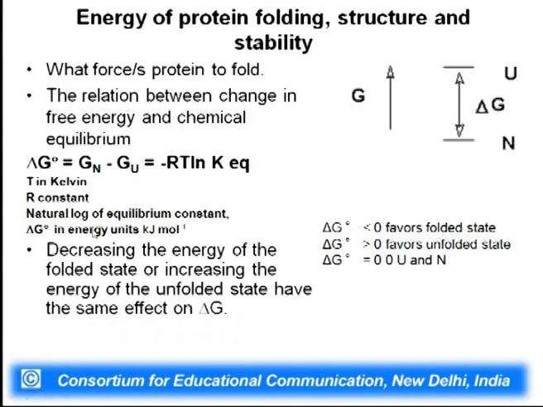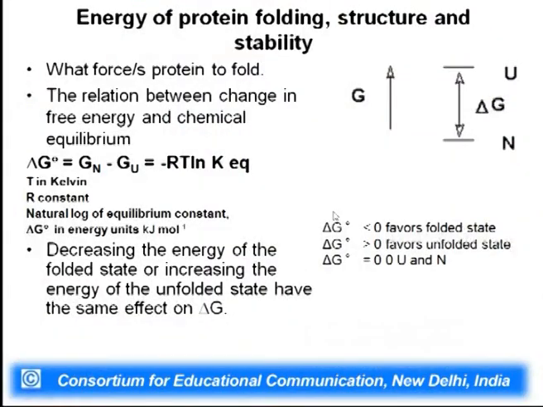So, when we can calculate delta G, we can understand what is the conformation which is getting favored. Also, it will tell us what is the value of delta G coming out to be and what are the implications of those values.